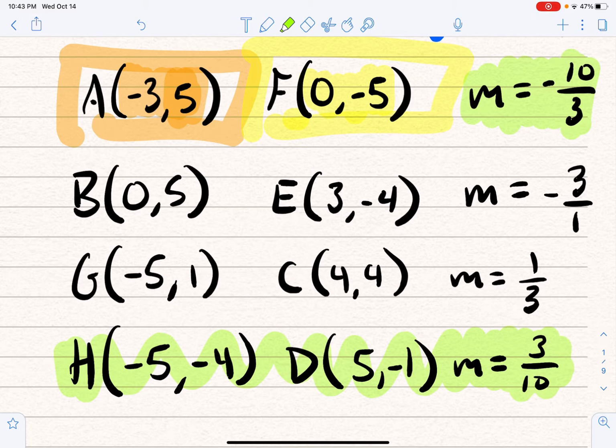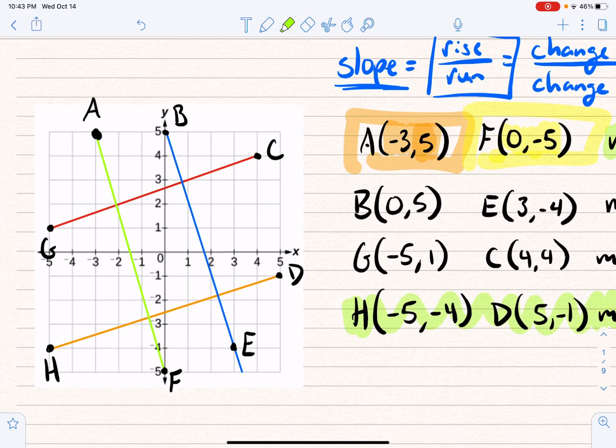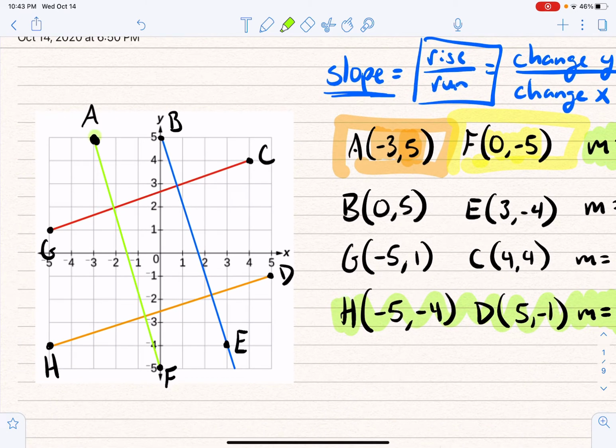Those two are opposite reciprocals. So as we look at the picture, AF, which is right here, must be perpendicular to HD, which is right here, because the slopes are opposite reciprocals.